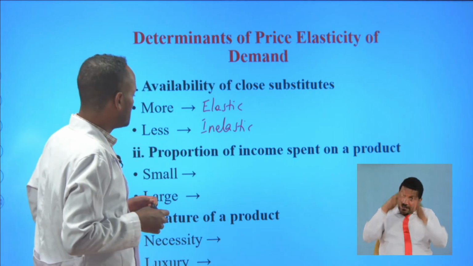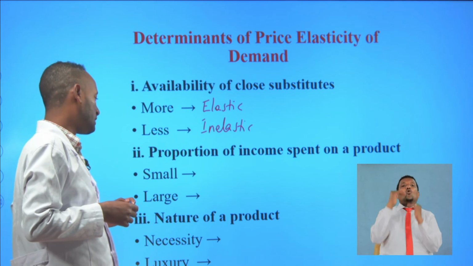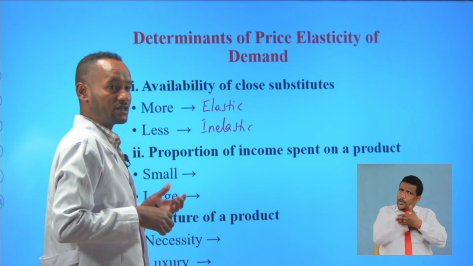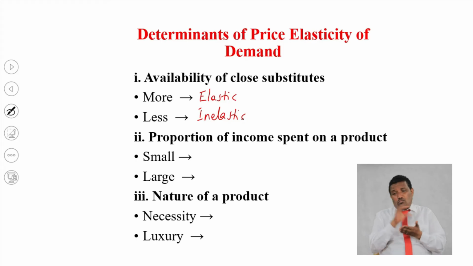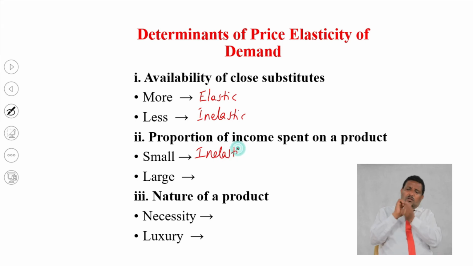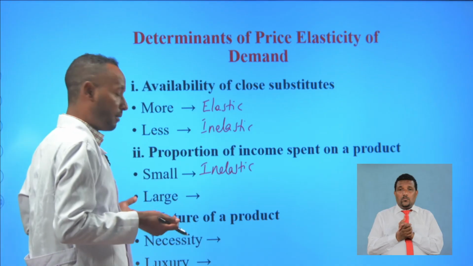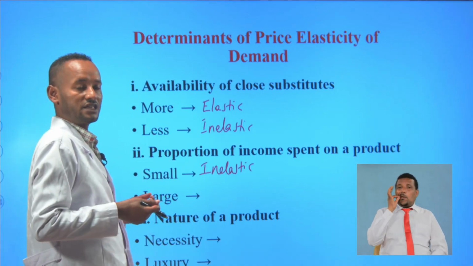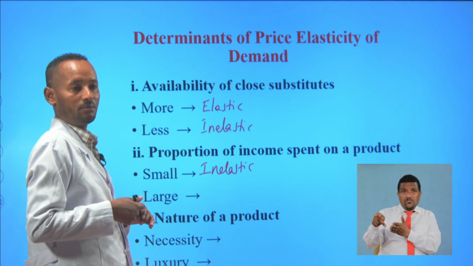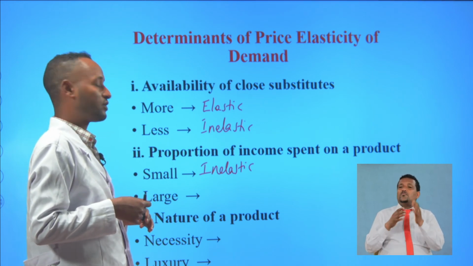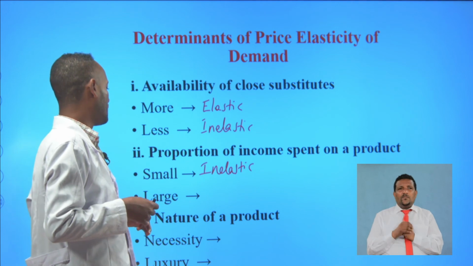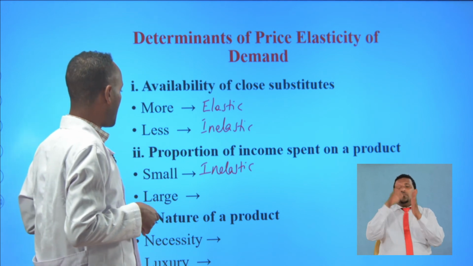Another determinant is the proportion of income spent on a product. If you spend a smaller proportion of your income on a commodity, then you will be more inelastic. That means you will be careless to changes in the price of those commodities on which you spend a smaller proportion of your income. For example, chewing gum. Even though there is a higher change in the price of chewing gum, the quantity demanded for chewing gum will not decline by a higher percent.